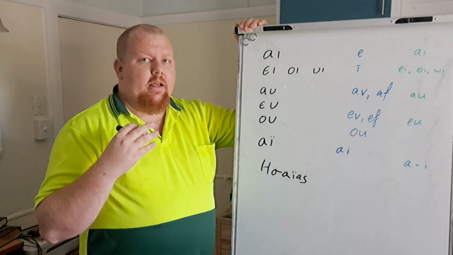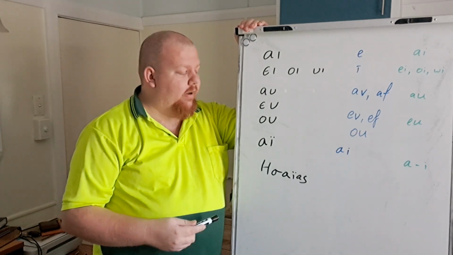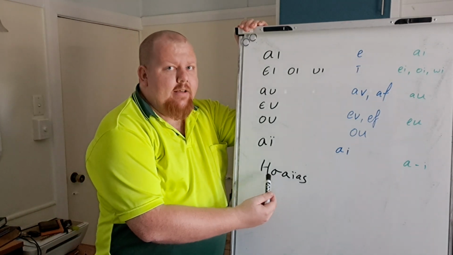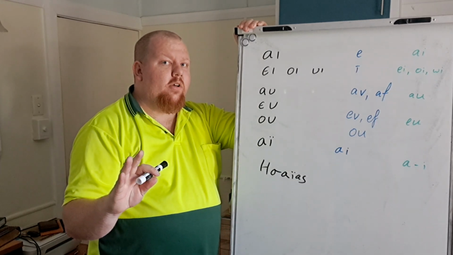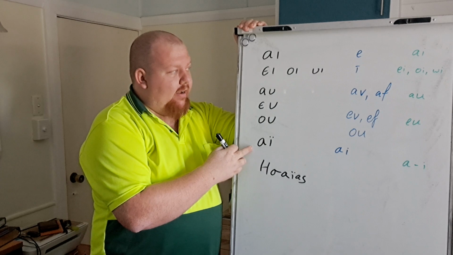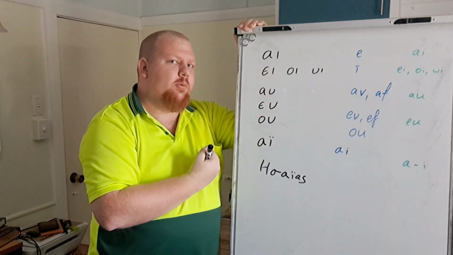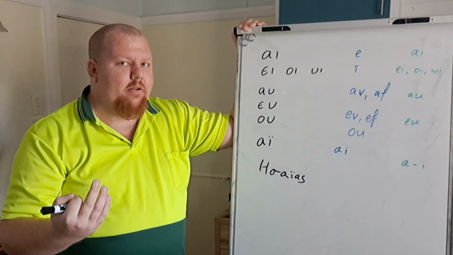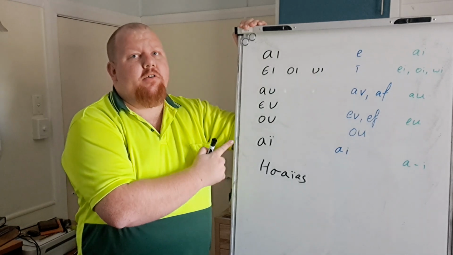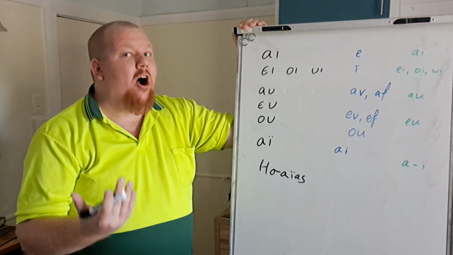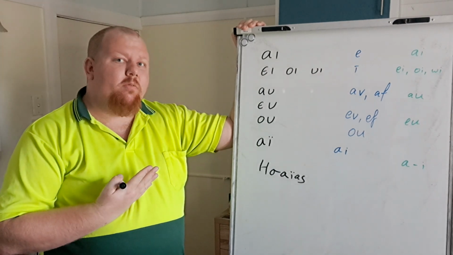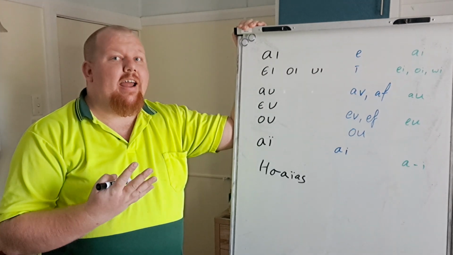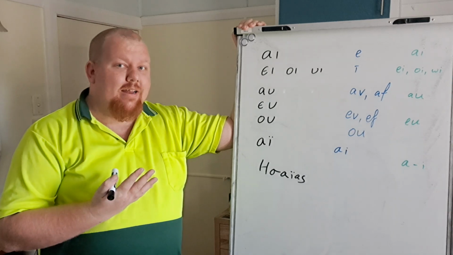In Koine Greek, in Erasmian Greek, it would be sa-i-as, four syllables. Now, what modern Greek does, because of this alpha iota situation producing the E sound, is it actually goes back to the I sound. So in modern Greek, they pronounce this Isaias. So they pronounce it as three syllables.